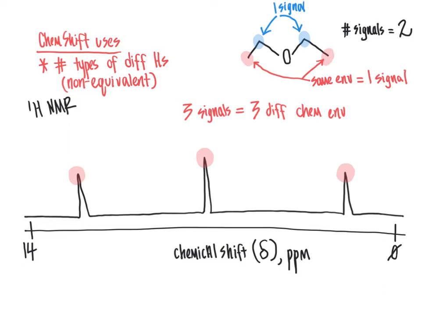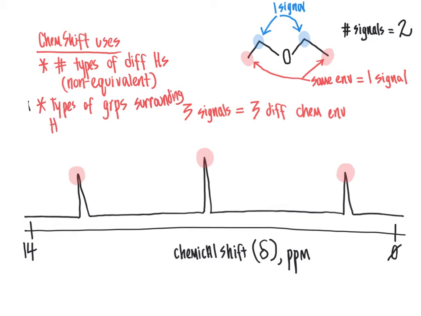The other important piece of information that we can glean from a proton NMR spectrum is information about the types of groups that surround the proton that we are observing in the spectrum.